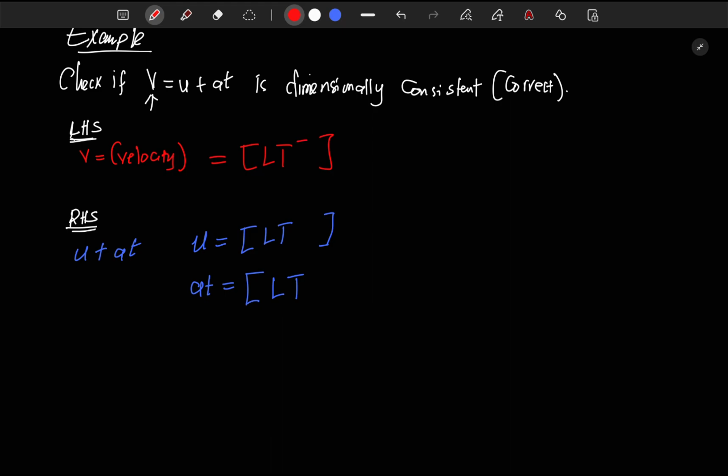I almost made a mistake here: velocity is negative 1, and acceleration is negative 2, but we are multiplying by t. Remember, t and t have the same base, so we add the powers, and we still get LT^-1.